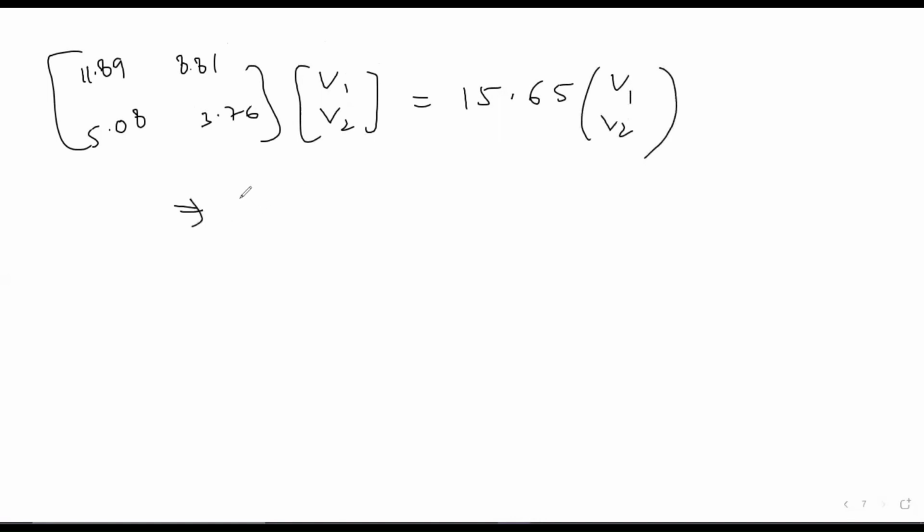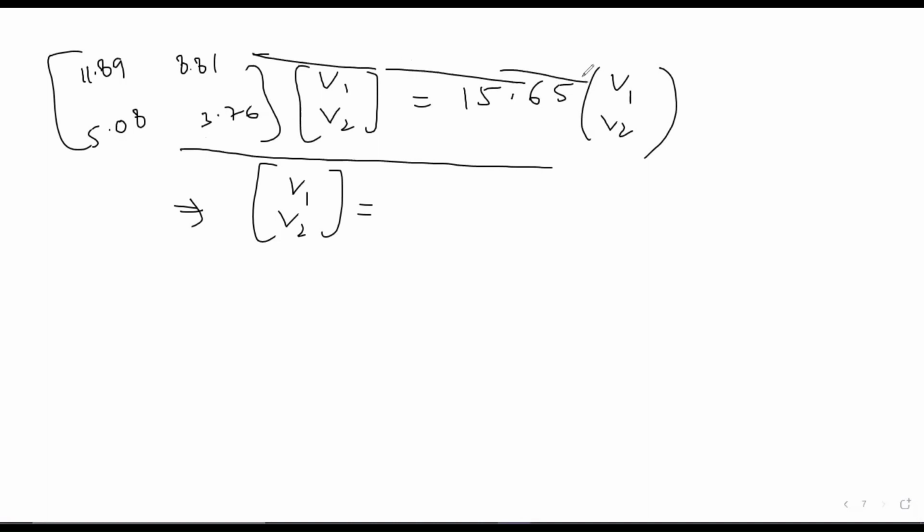It is just a mandatory step to find out the values of V1 and V2. And if you solve the equation, you will get a quadratic equation, and then you will end up with the values. Something like this.